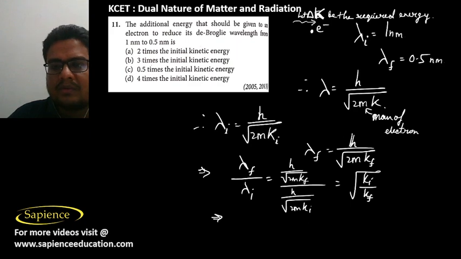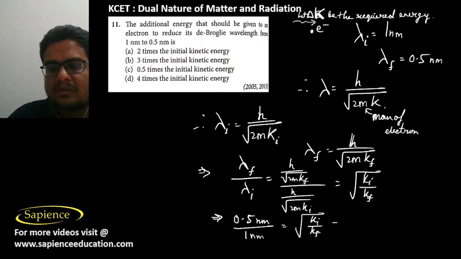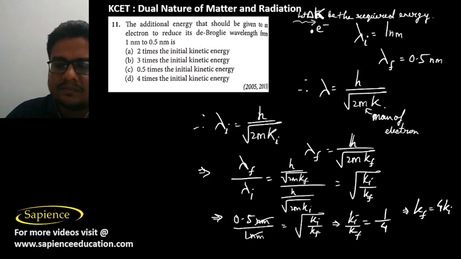So lambda final is 0.5 nanometer divided by lambda initial is 1 nanometer, that is equal to root over Ki by Kf. So Ki by Kf is half squared, that is 1 by 4. So the final kinetic energy is equal to 4 times the initial kinetic energy.